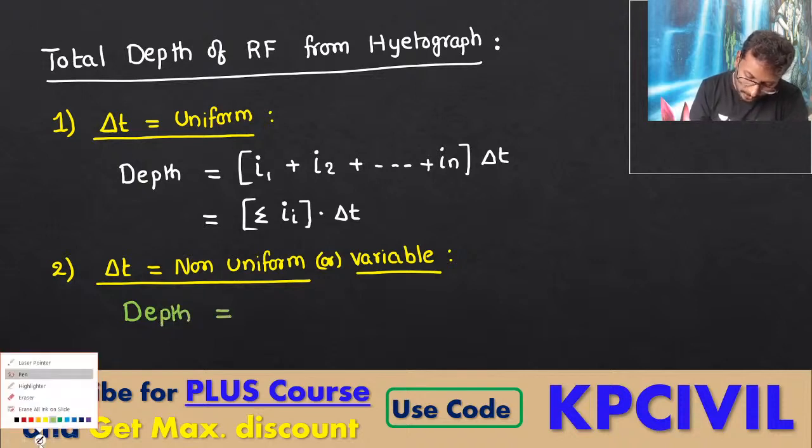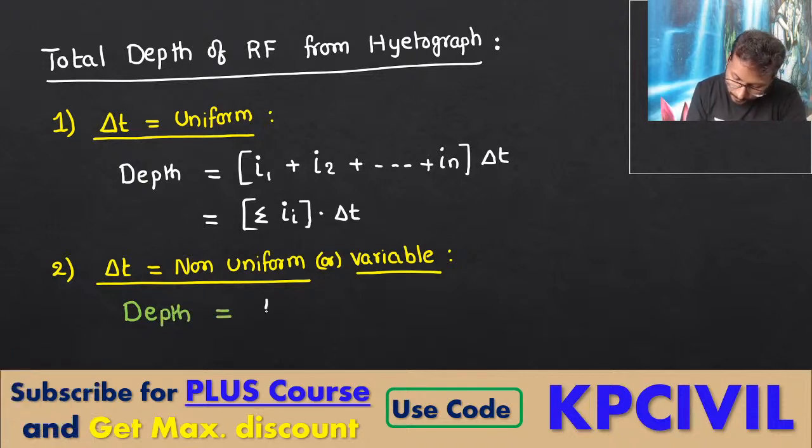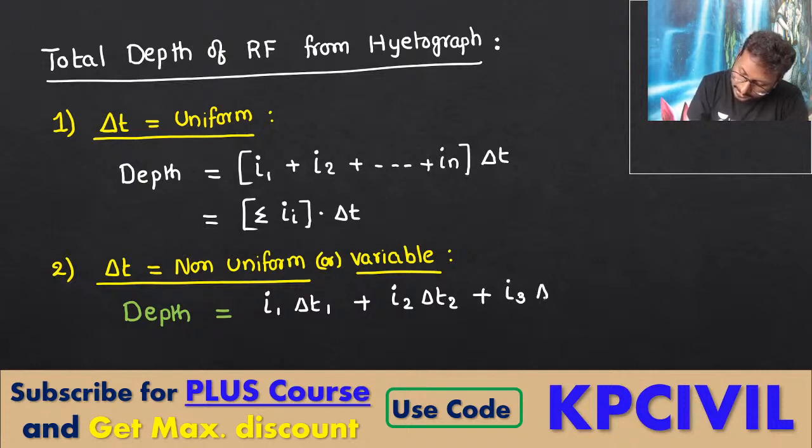Depth is equal to I1 delta T1 plus I2 delta T2 plus I3 delta T3 and so on, up to In delta Tn.